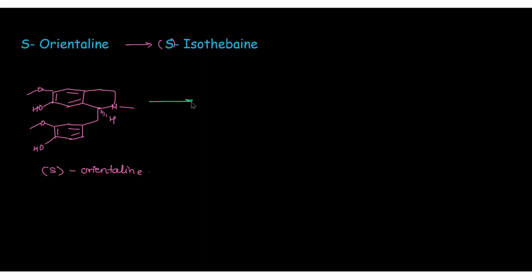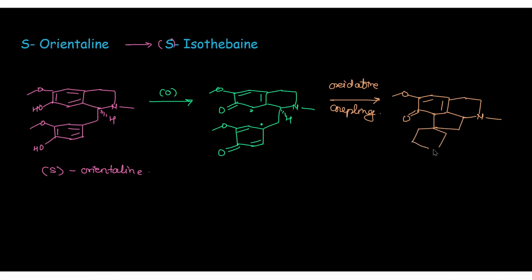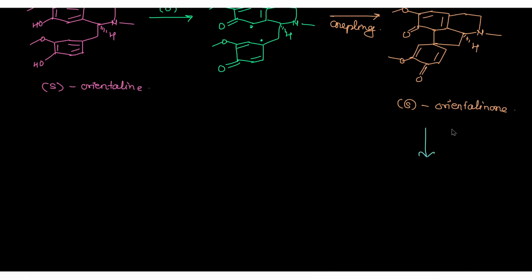So in first step, oxidation takes place and we get a radical here. In next step, oxidative coupling takes place and we get. In next step, reduction of dienone to dienol.